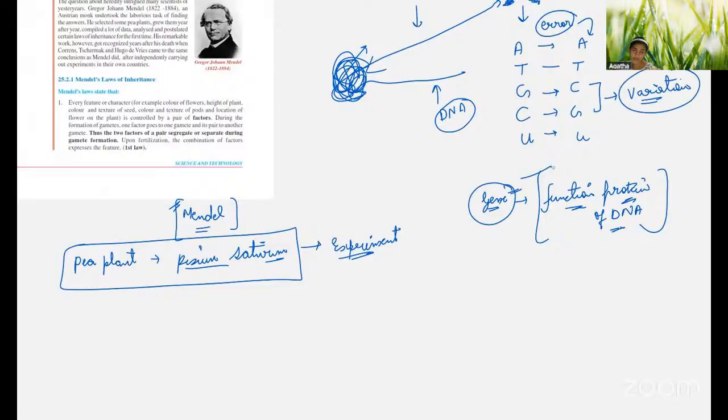No, not fully. I told you, if fully, then there won't be any variation, and that is not true. There will be some error in this. Everyone got my point? Now the next term is character.